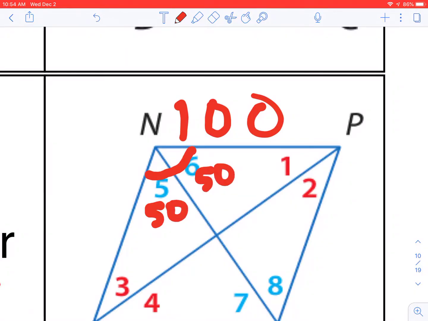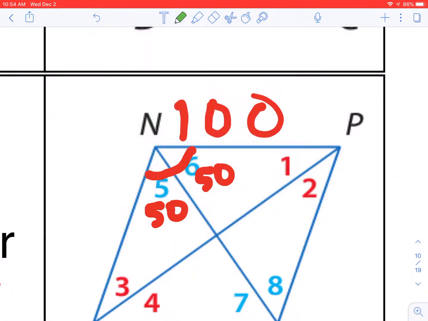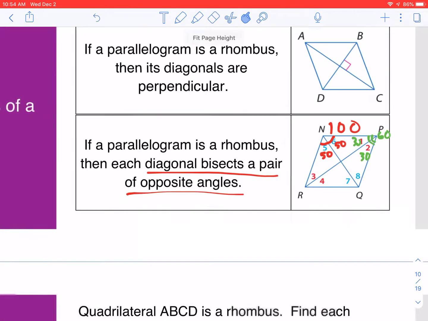And if this one over here was, let's say 60, then this would be 30 and this would be 30. The 1, 2, 3, 4, 5, 6 is not what the angle is. That's just naming the angles. All right, so that's an example of bisecting.